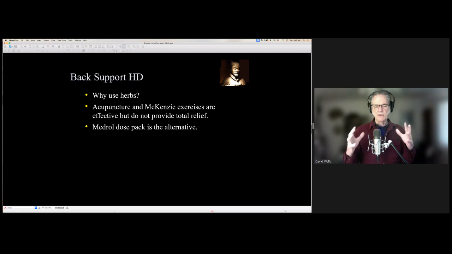That swelling puts pressure, crushing the nerve as it goes through the little hole to come out to your legs or down your arms or wherever it's coming from. So the Medrol shrinks that swelling, taking the pressure off the nerve.